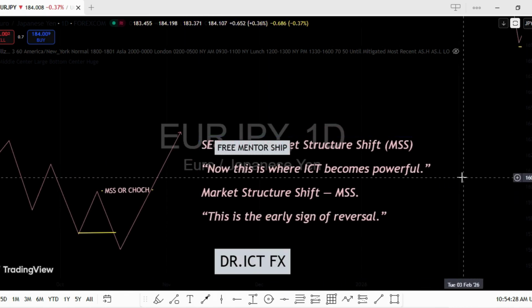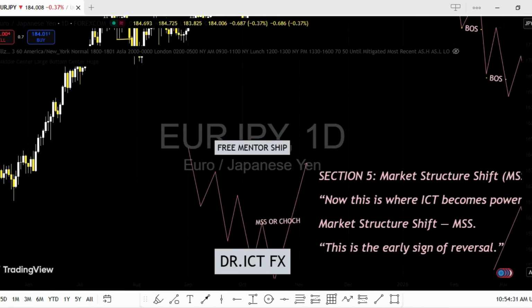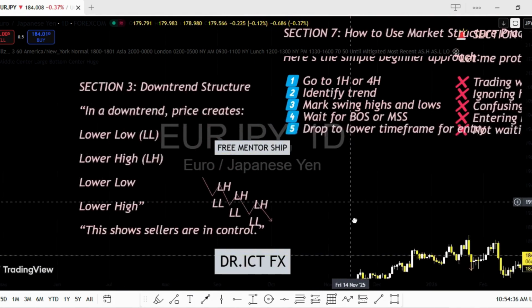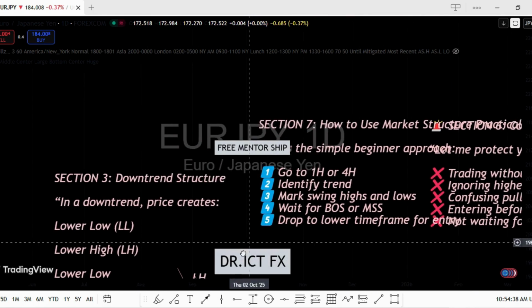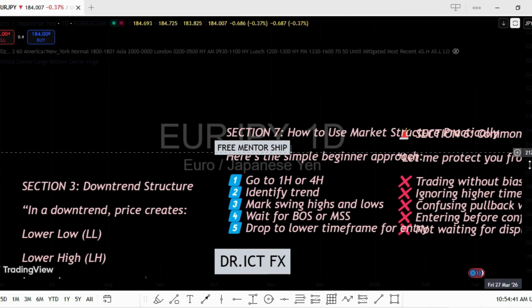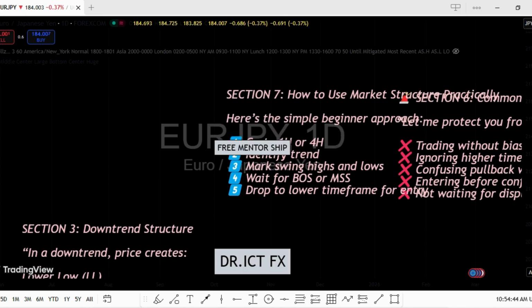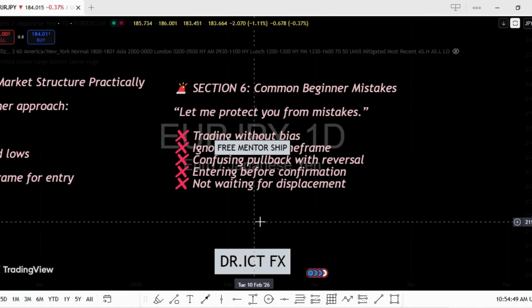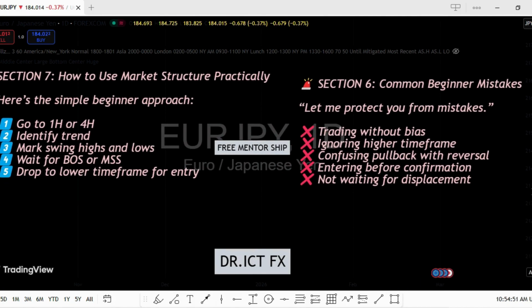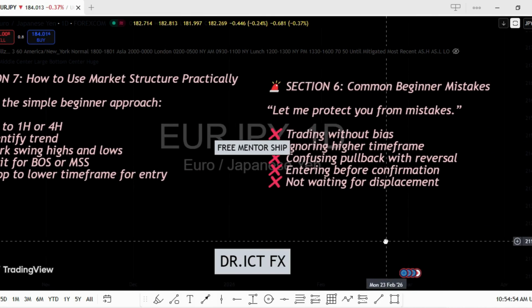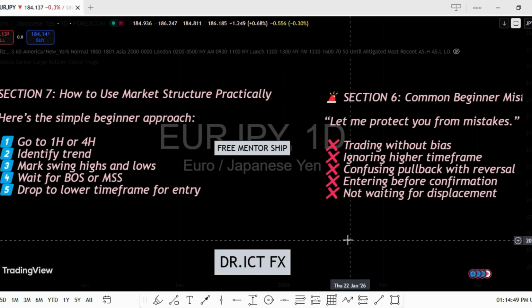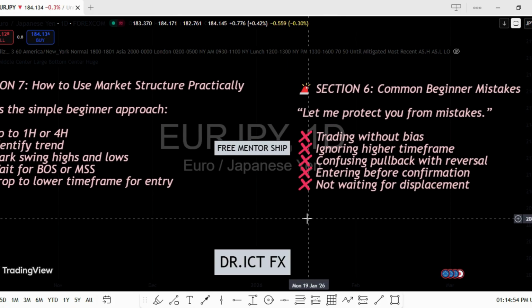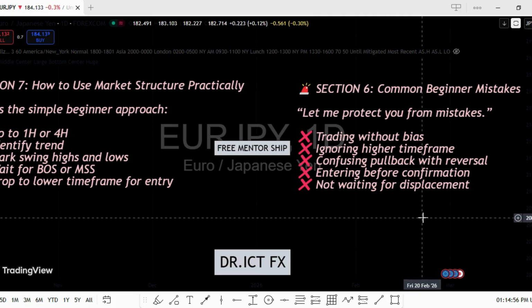So to continue with our concept 7, what are the errors that most beginner traders make? These are the common beginner mistakes.